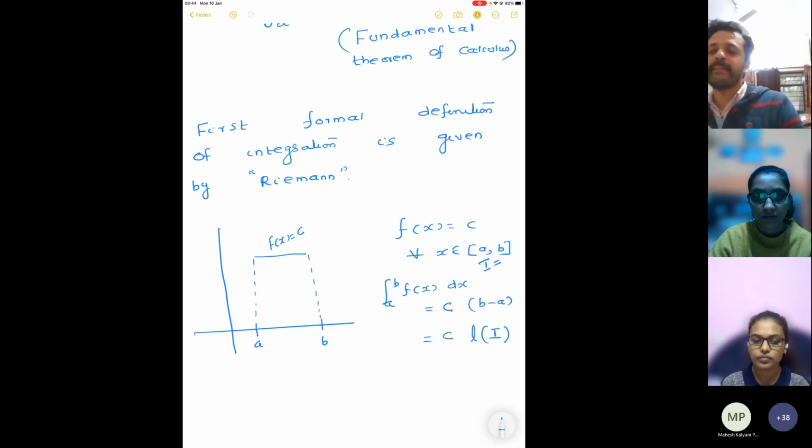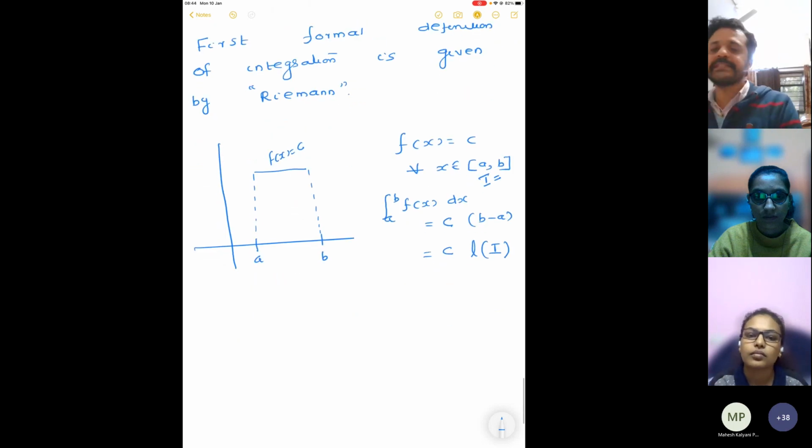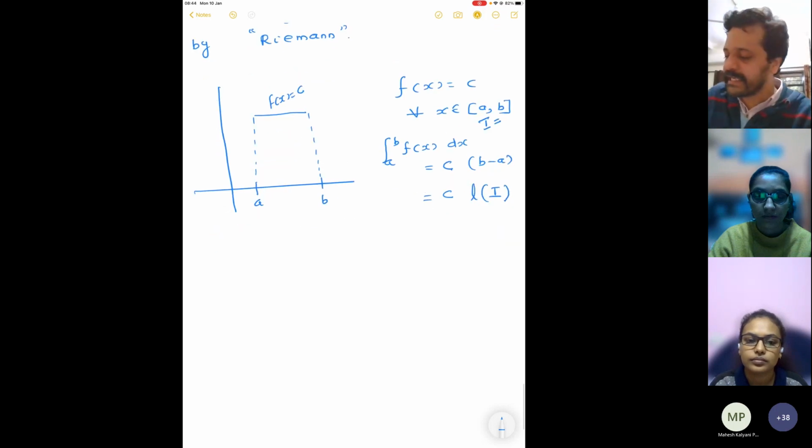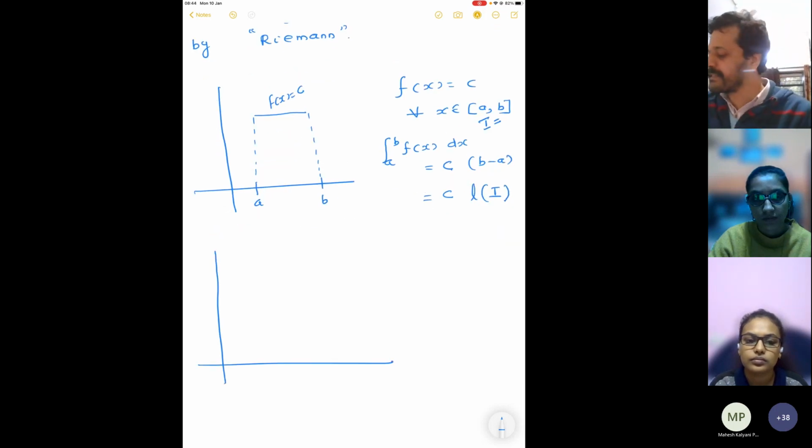Now what Riemann did was, instead of this simple wire, let us say the wire can be cut into several pieces of uniform density. That is, instead of this, he considered a piecewise function or step function, something like this.